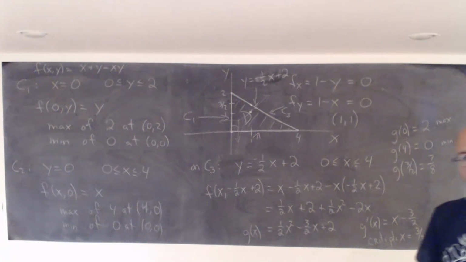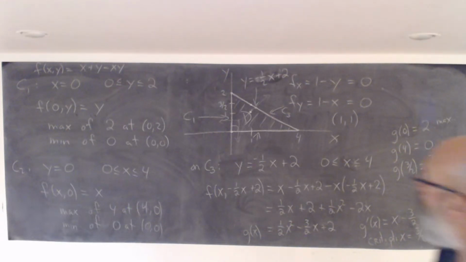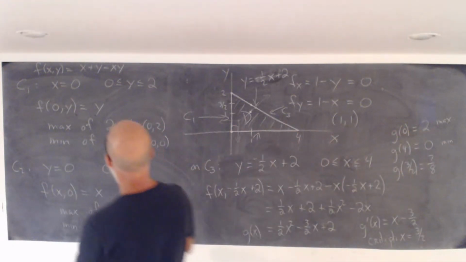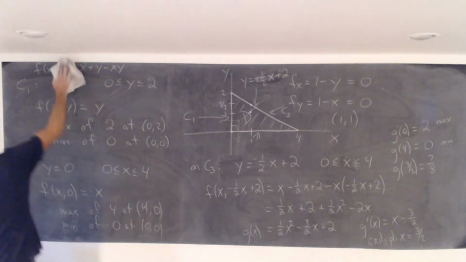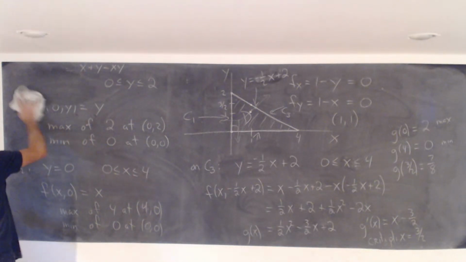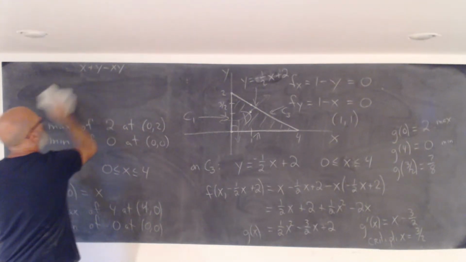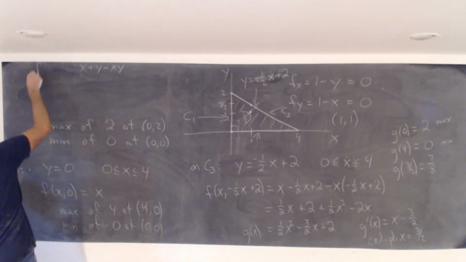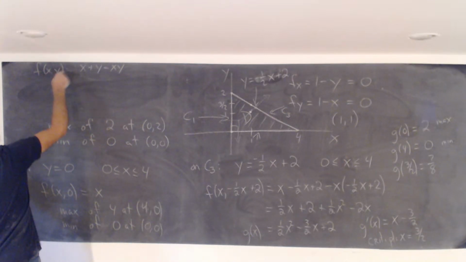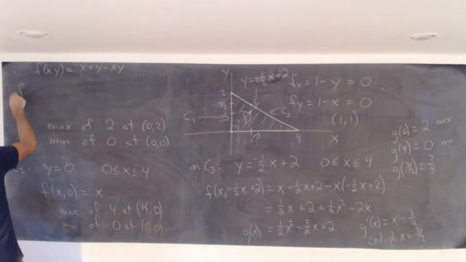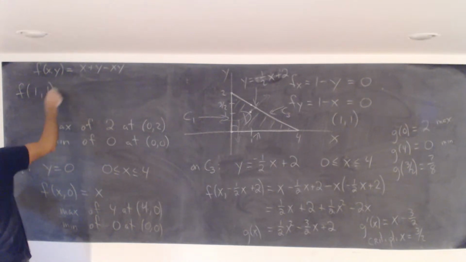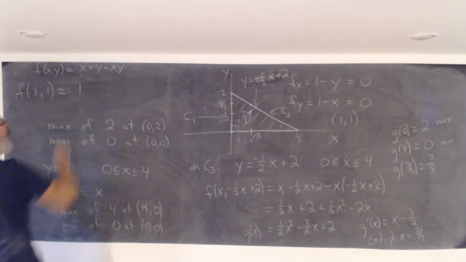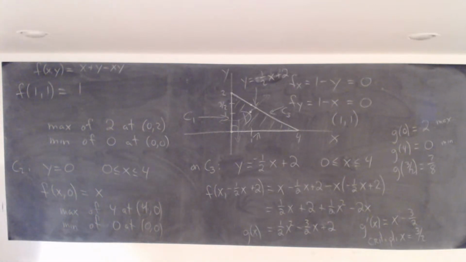And if we put everything together, we still have to check at the critical point (1, 1), and you get 1.